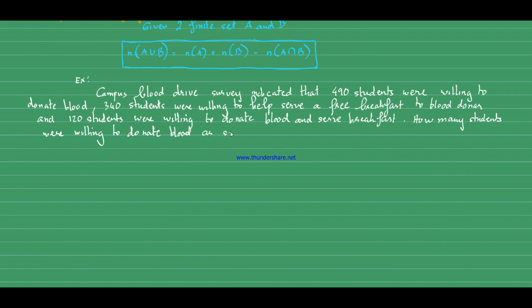Well, the word "or" over here is very important because it helps us recognize right away that it is the union. And the word "and" over here tells you that that's the intersection right over there.